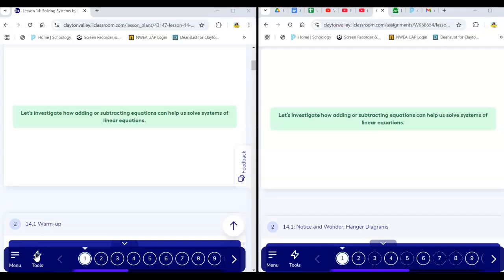That is, two equations that model two different aspects of the same situation. Okay, for example, the number of tickets for a student play and the cost of an adult and a student ticket.